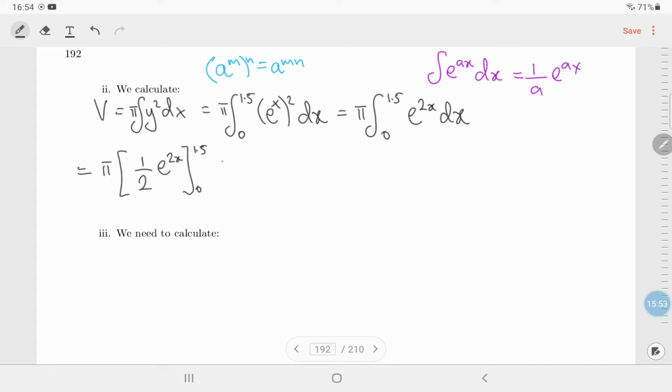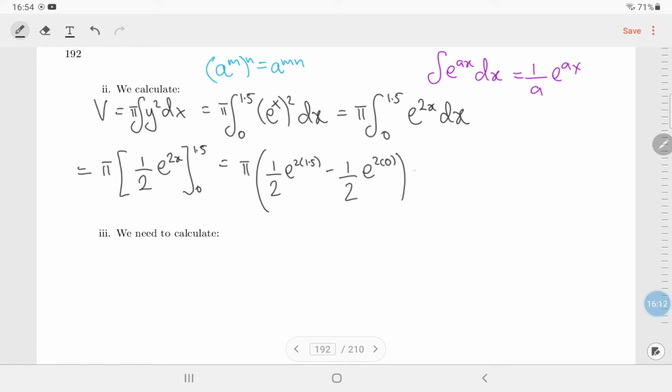Top limit minus bottom limit. Now here you have to be careful with that 0, because e to the 0 is 1. So a half e to the 2 times 1.5 minus a half e to the 2 times 0. And as I said, that second term is actually equal to minus a half.